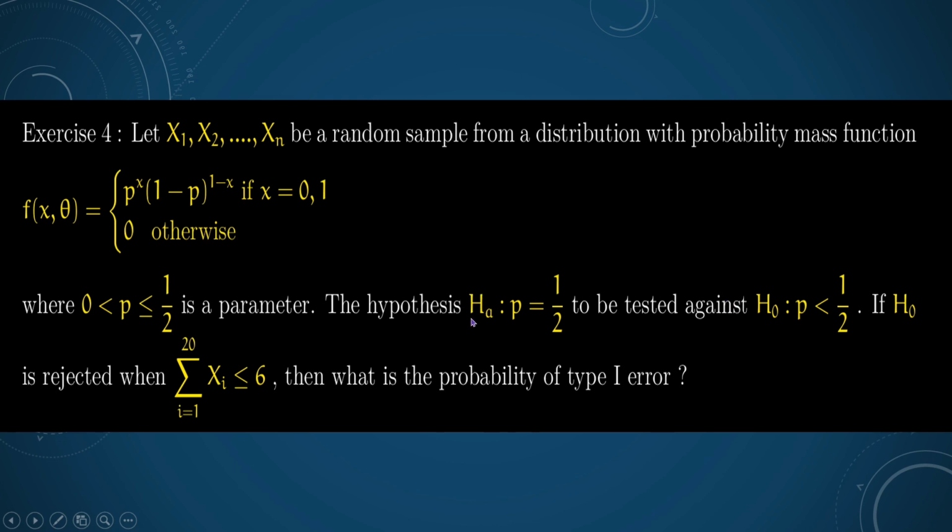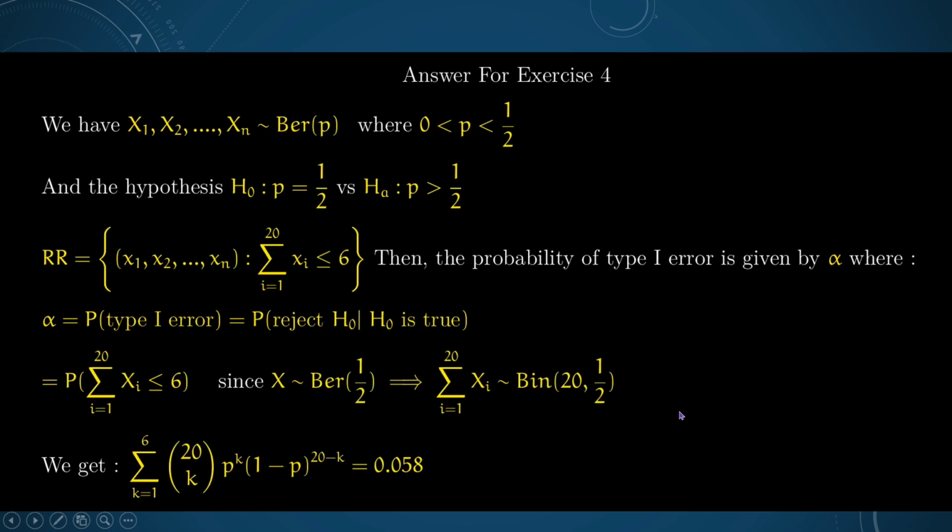So the question is: what is the probability of type 1 error if H0 is rejected when this sum holds? You have to calculate the probability of type 1 error, everyone. Here is the answer for exercise number 4.